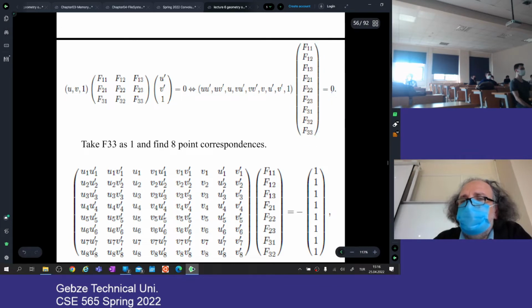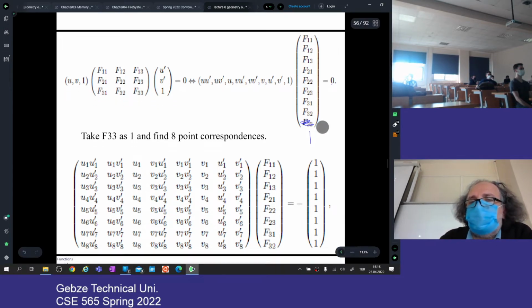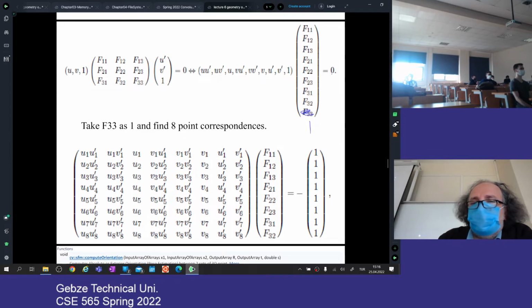So I am going to change my f33 to 1. Now all the other values have to be unique, because I divided the rest of them by f33. So I get rid of this f33. Now I have 8 rows and 8 unknowns, and -1 comes from this f33.